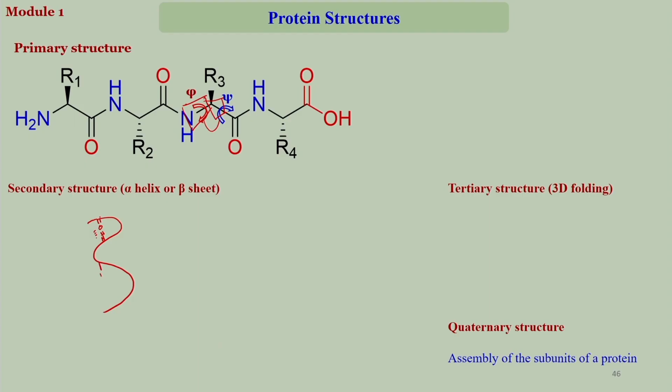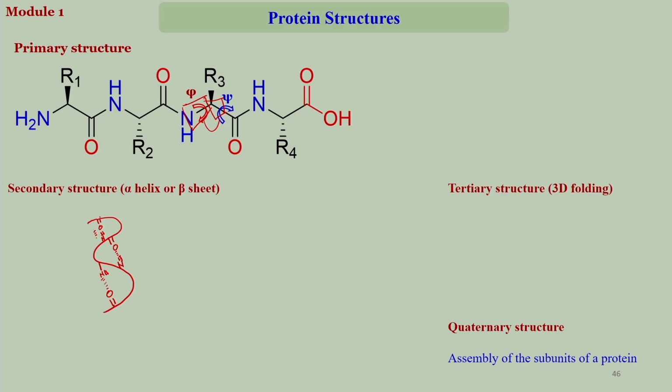Similarly, here it can be NH, and this is C from the backbone, and they can come into hydrogen bonding formations. That makes it an alpha helix. Similarly, here can be a carbonyl, here can be NH, and these are the NH and the CO of the backbone, the peptide. Now this forms the alpha helix structure.